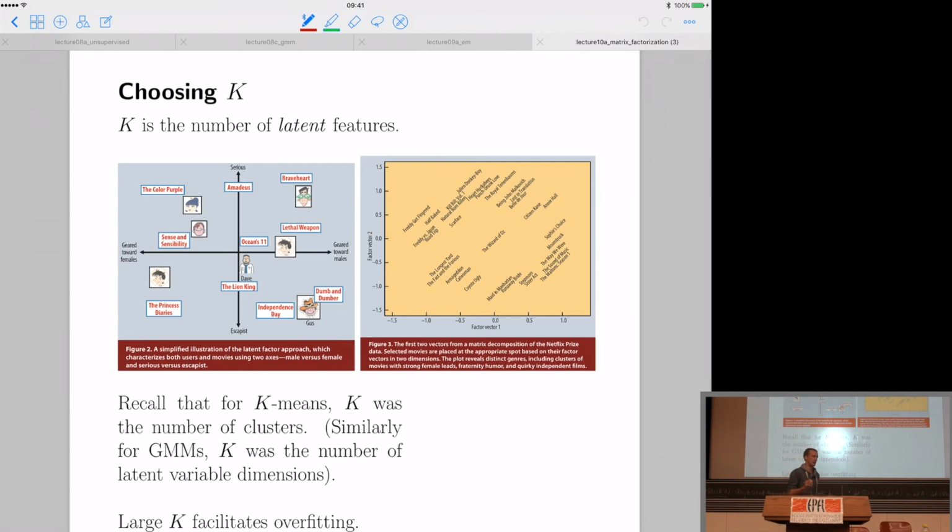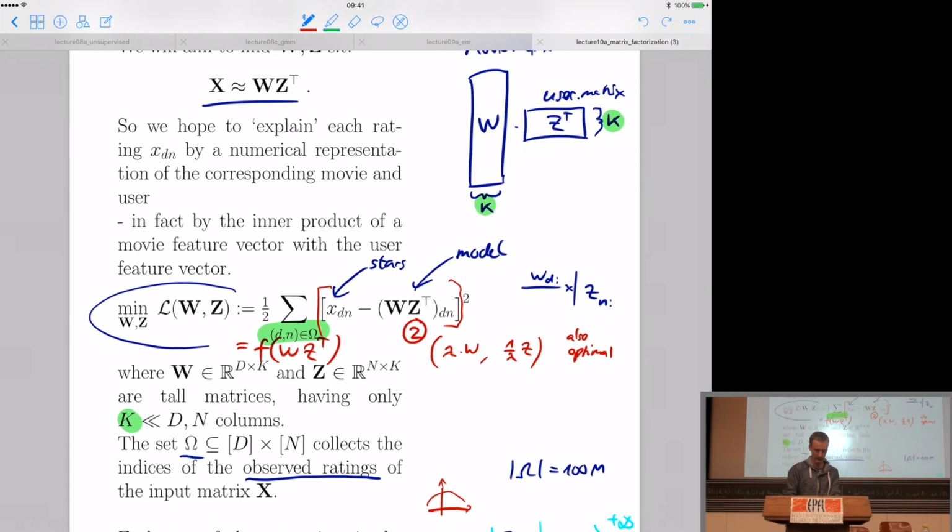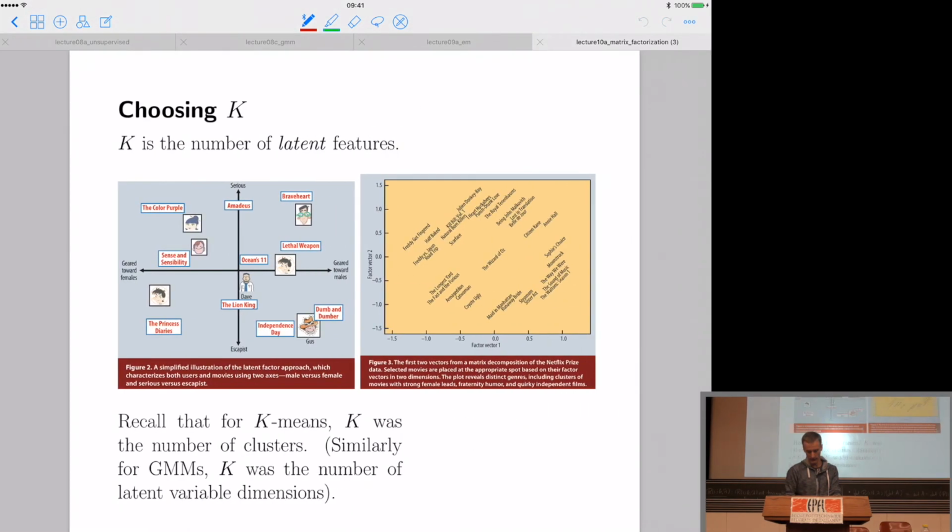Again, in this competition, a few years ago, where there was $1 million for the best recommender system algorithm, they used exactly what I described here, this cost function, and they used about 30 or 40. In practice, you will have to try different values.